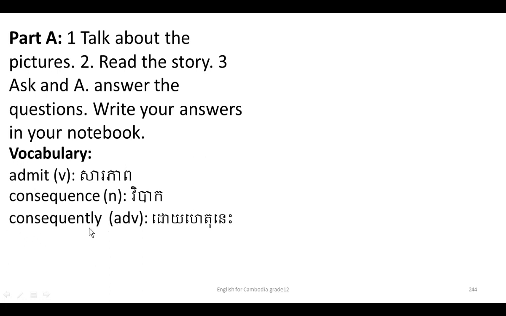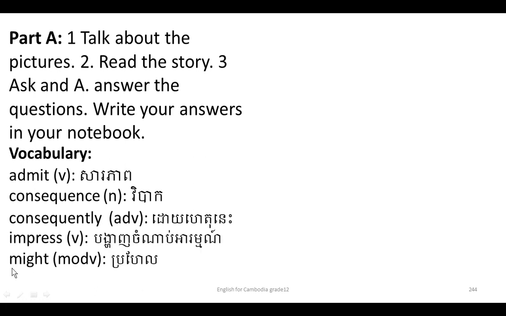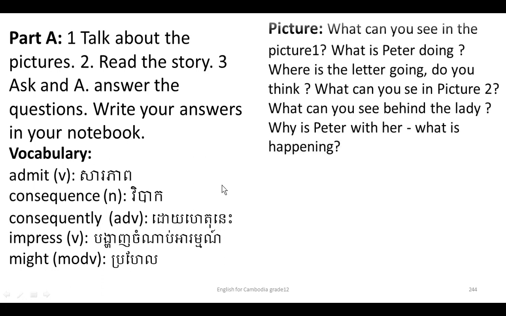Consequent is an adjective and consequently is an adverb. Impress, might. You can copy these 5 words into your notebook: admit, consequence, consequently, impress, might.